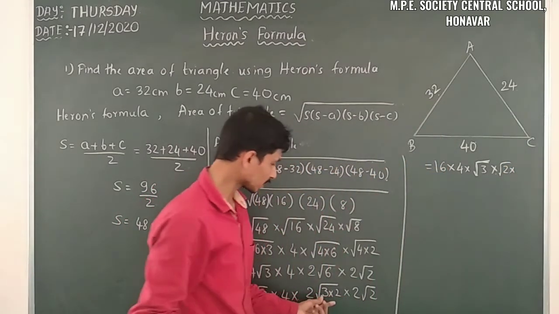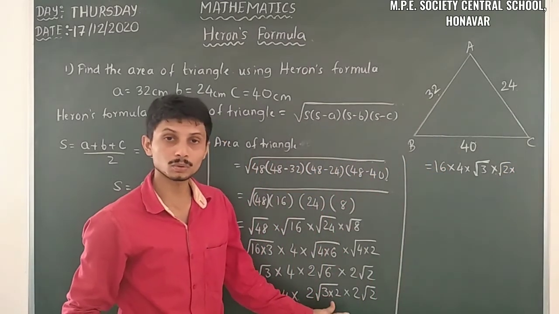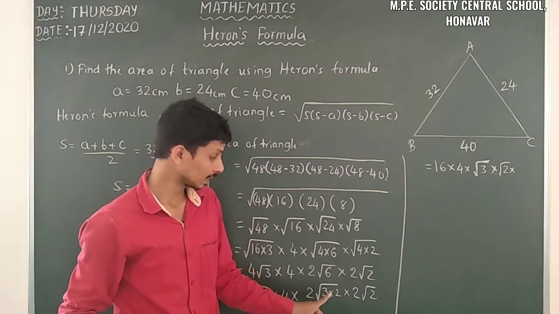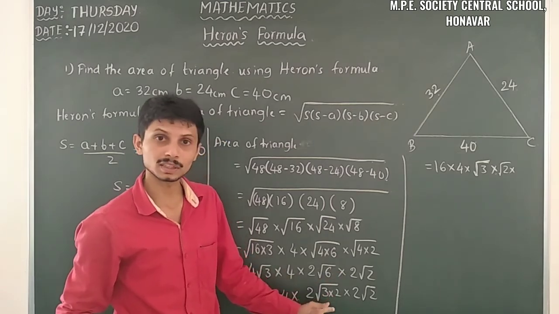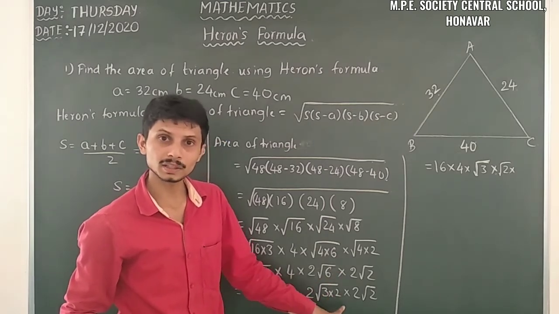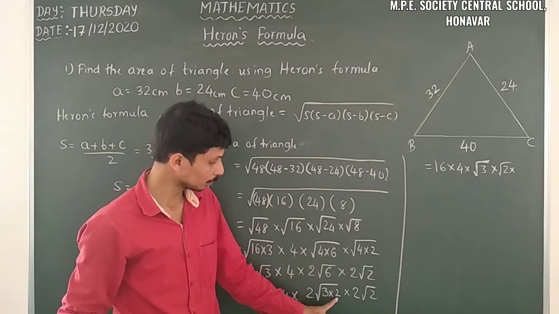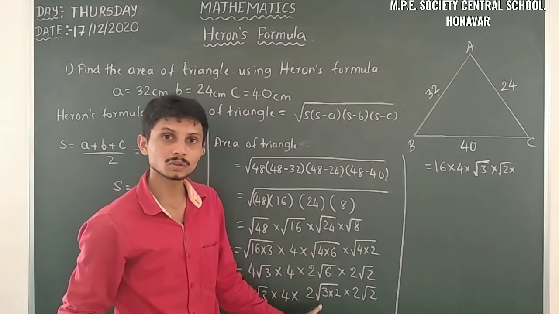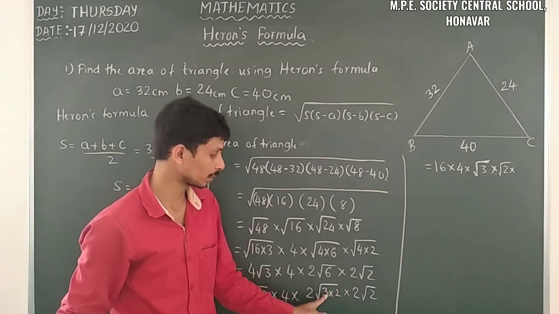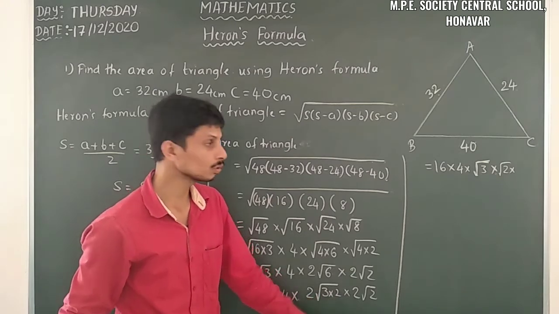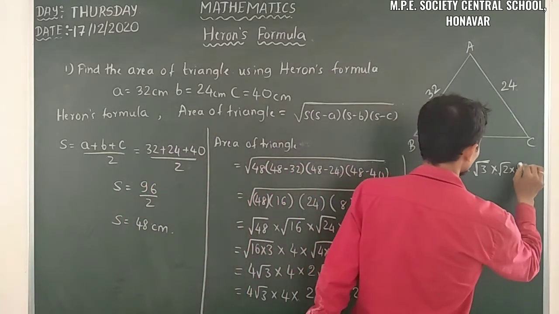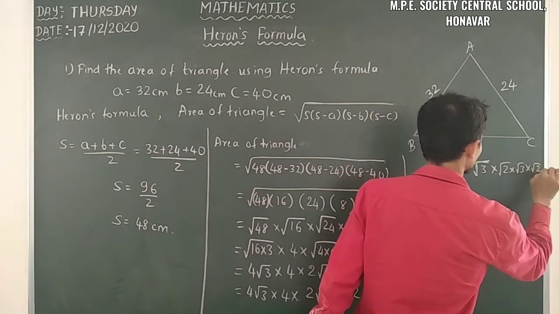Just observe root of 3 into 2: a into b whole raised to m is a raised to m into b raised to m. Here a into b whole raised to 1 by 2, so we write a raised to 1 by 2 into b raised to 1 by 2. So root 3 and root 2 get separated.